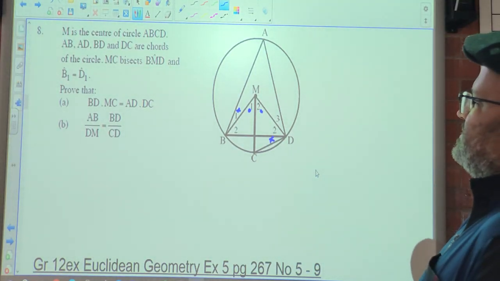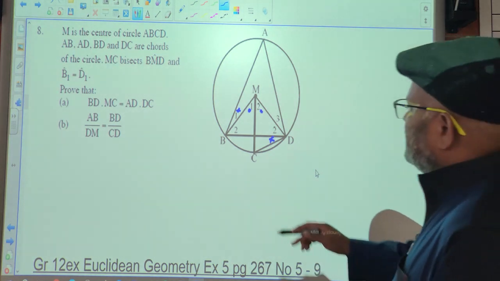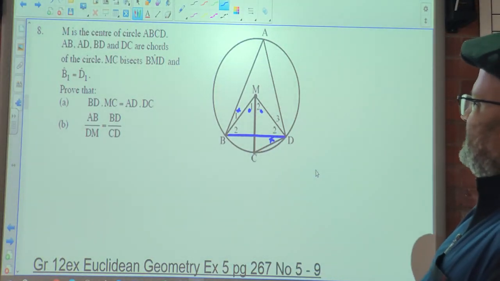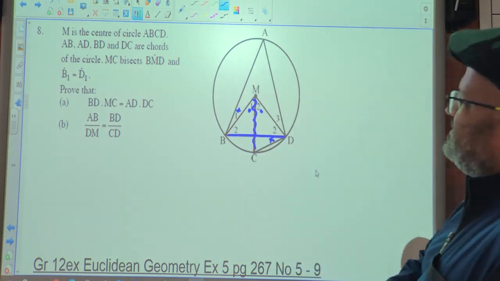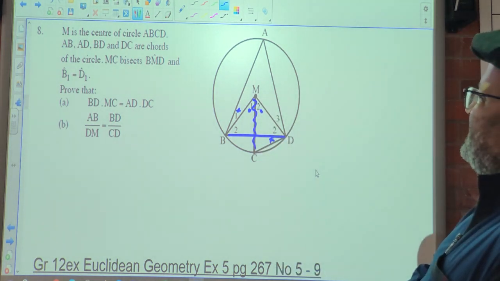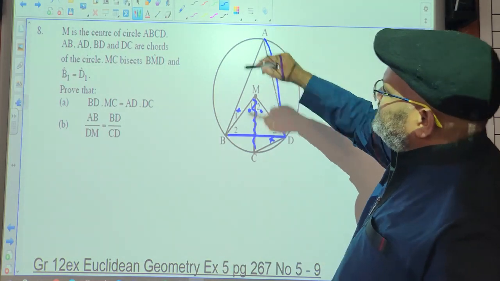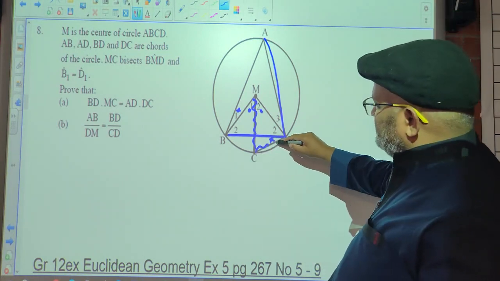The question says, prove that DB, so this line here, times MC, which is this line here, equals AD, which is in this triangle here, times DC, which is this one.